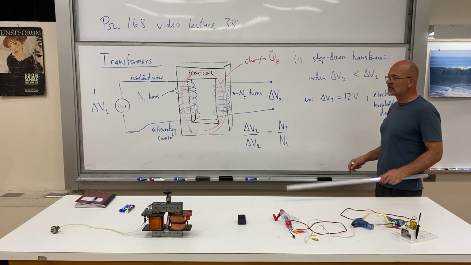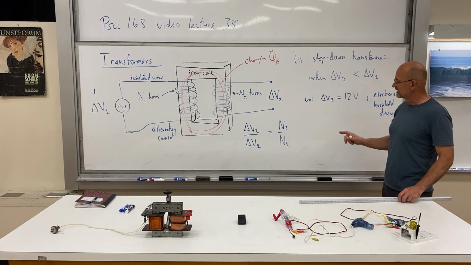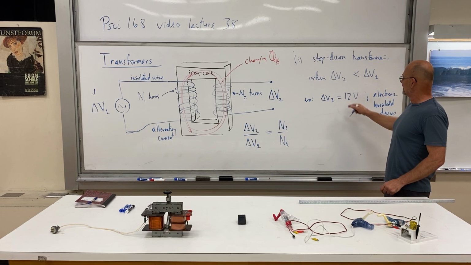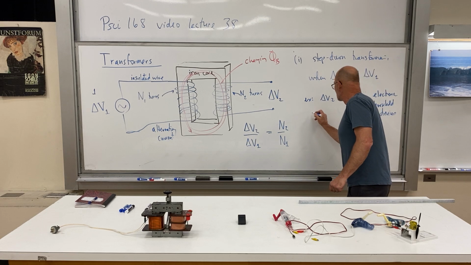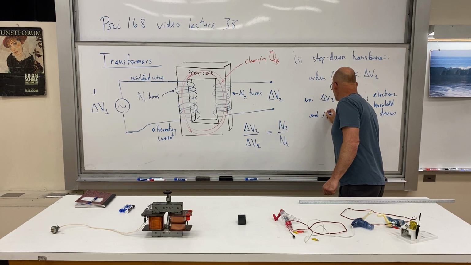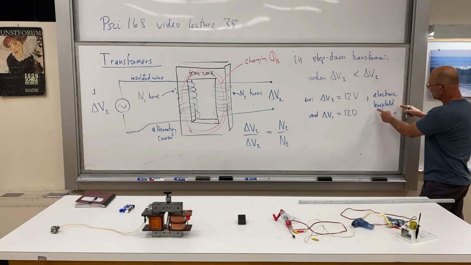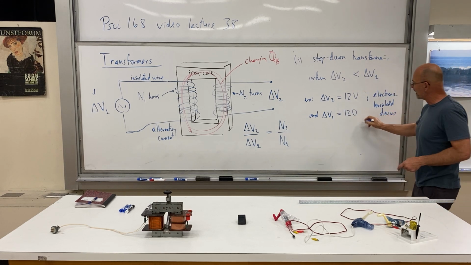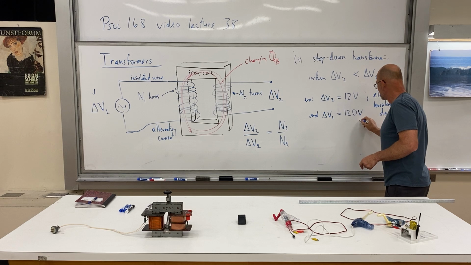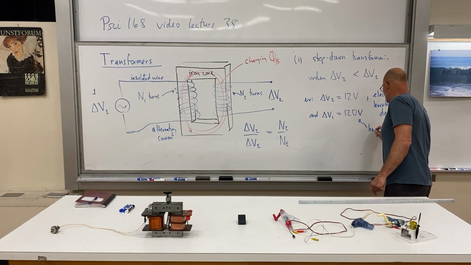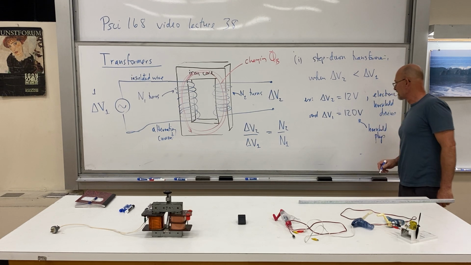If you've ever grabbed 120 volts by accident, it's pretty dramatic. And delta V1 is 120, so that's your household wiring, household plugs, 120 volts.